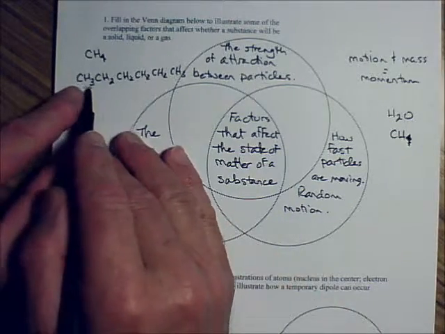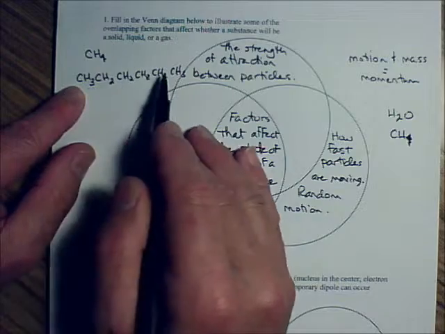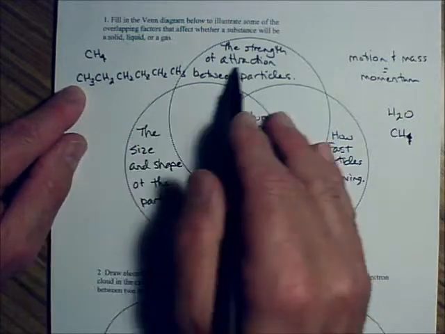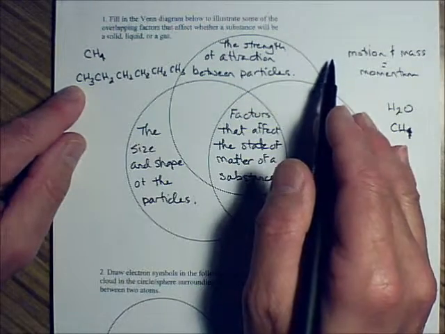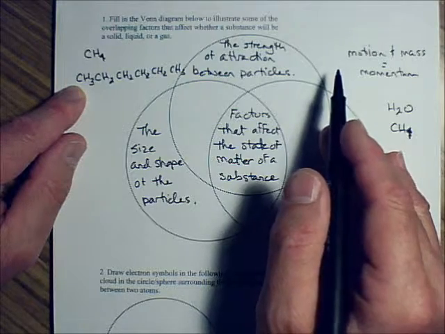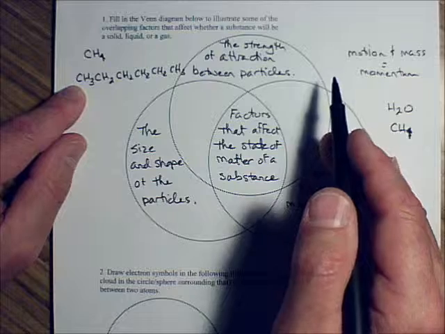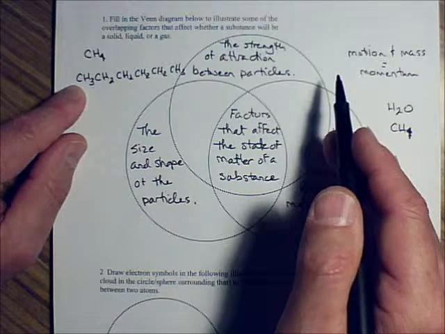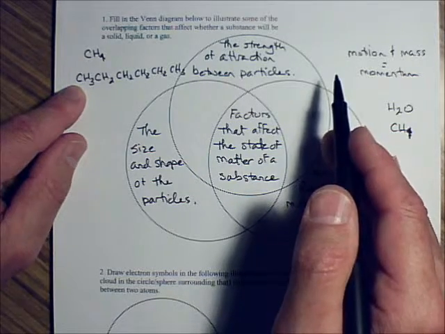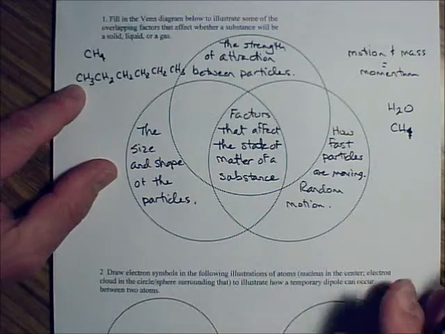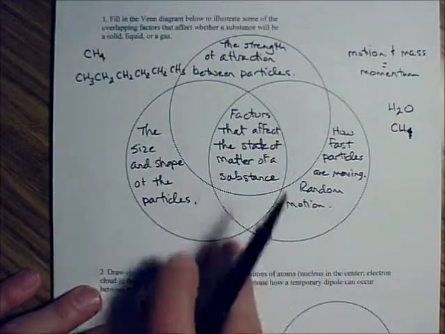And then if I get a carbon chain like this, or a hydrocarbon chain like this, that has 20 carbons, hydrocarbon groupings, I'll have asphalt. And that's not a liquid either, that's a solid at room temperature pressure, right? That's the blacktop on the highway.